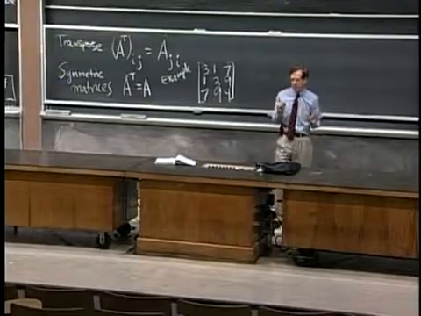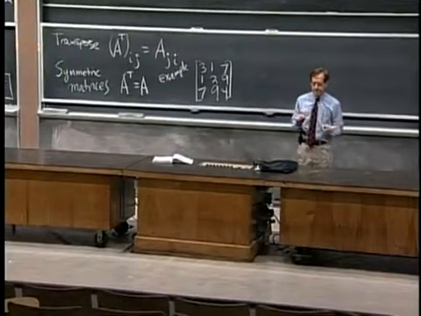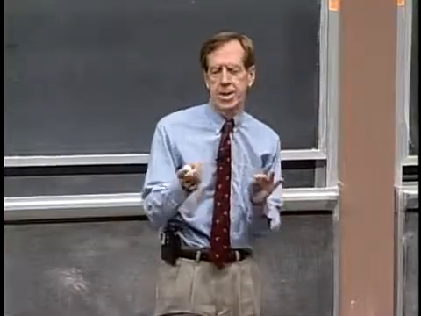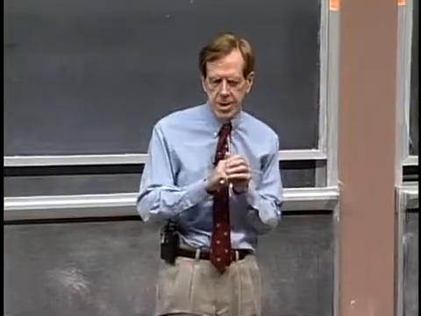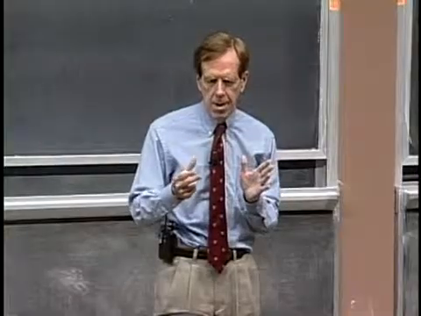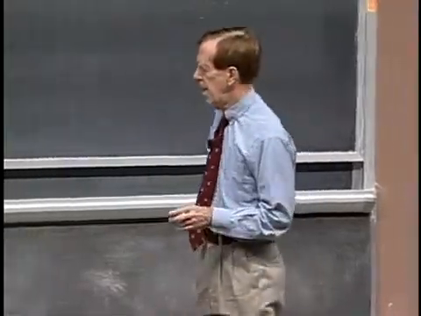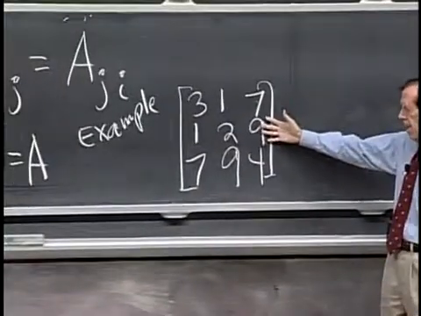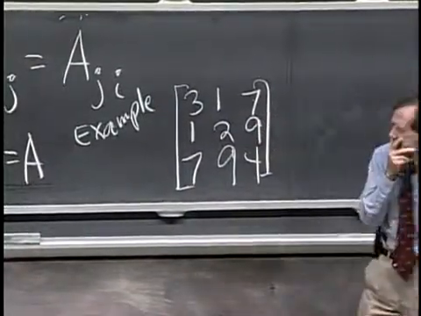I guess at this point, I'm just asking you to notice this family of matrices that are unchanged by transposing. And they're easy to identify, of course. You know, it's not maybe so easy.